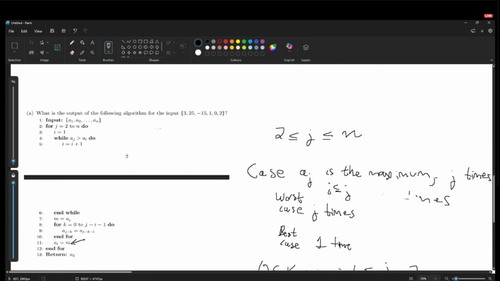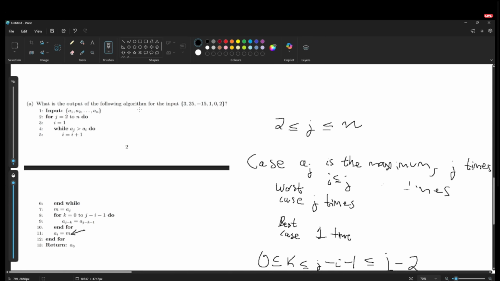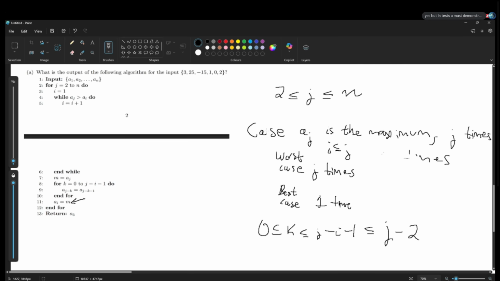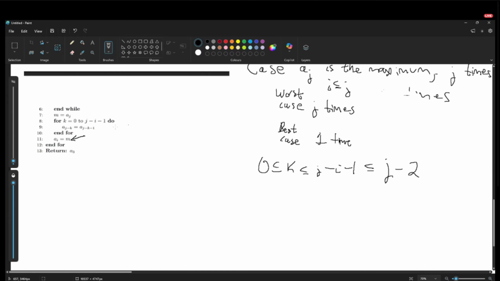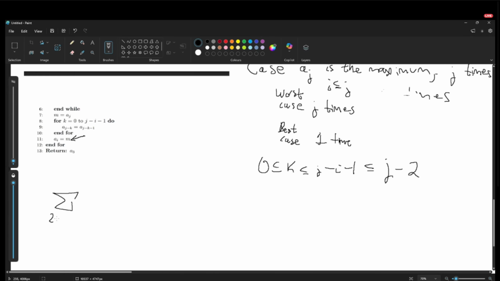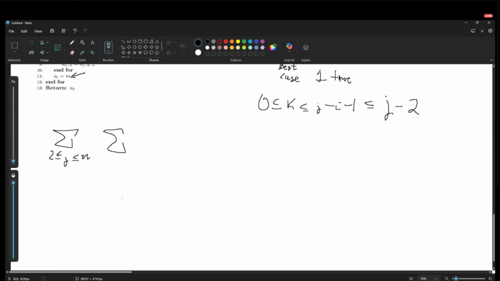Now to find the complexity for this, it's hard unless you write it down mathematically. j will be between 2 and n, and the first loop will end up computing up to j times.